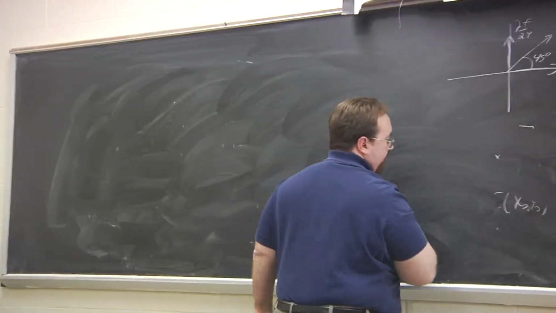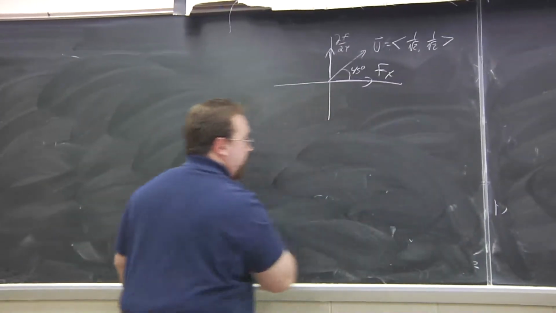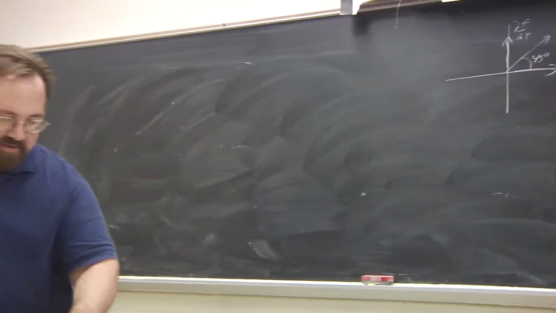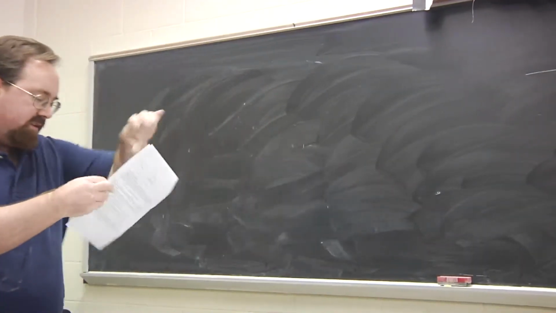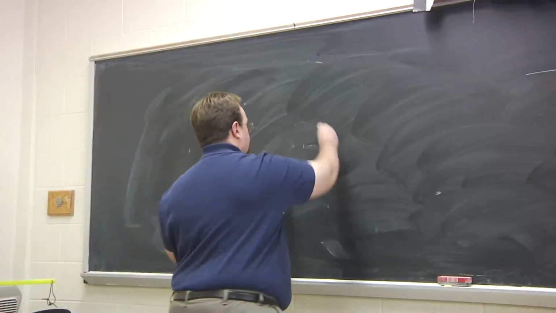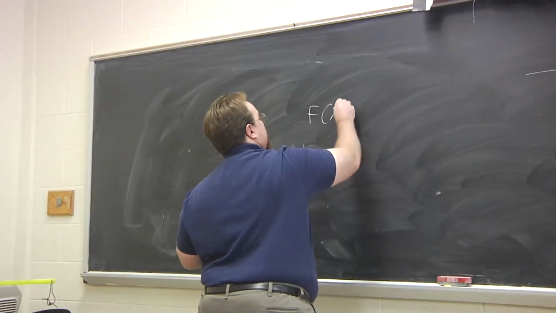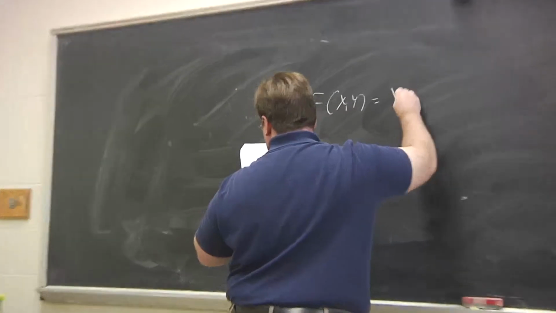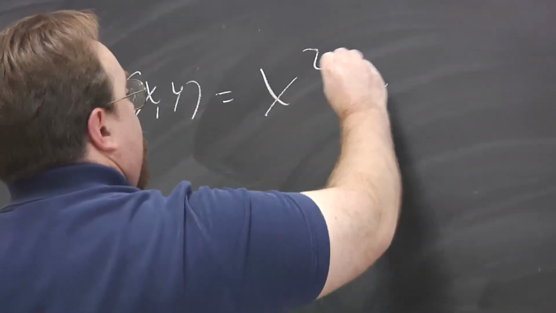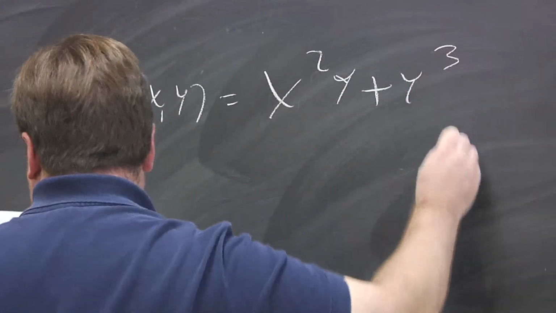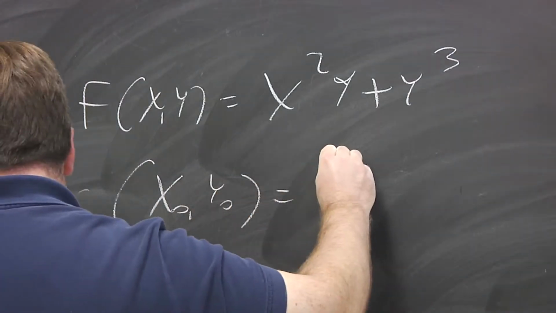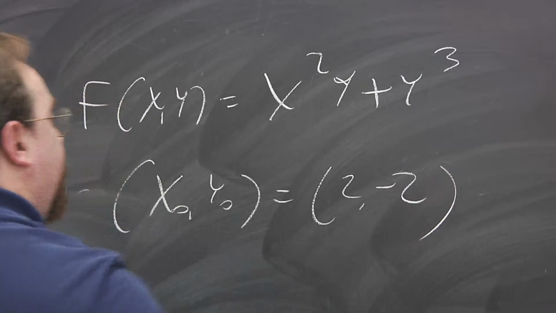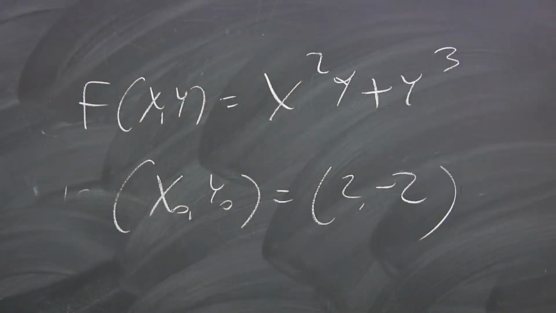Involving directional derivatives. So f of x, y be equal to x squared y plus y cubed, and we're interested in what's happening at a particular point. That's 2 and minus 2. So we go ahead and compute the gradient.